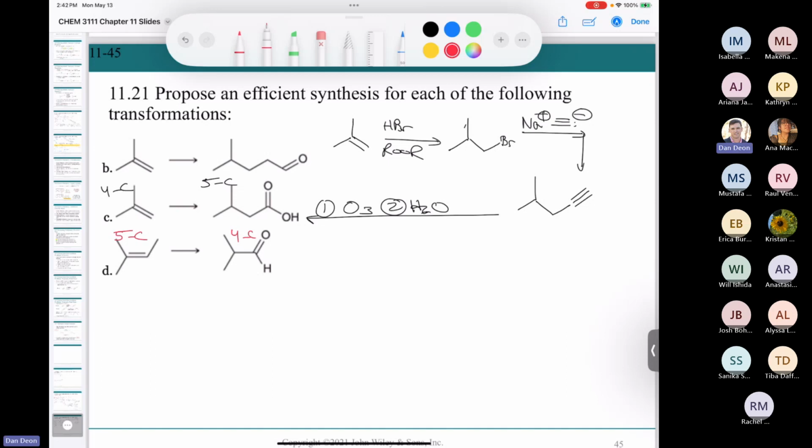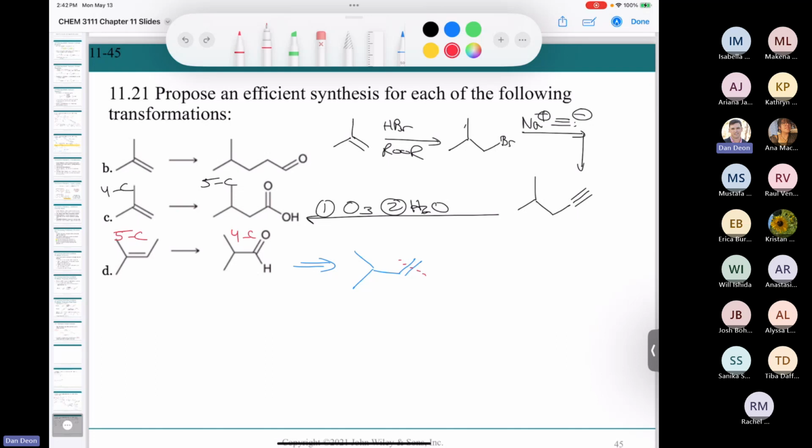If we want to end up with that aldehyde, we could make that from another ozonolysis reaction if we had this alkene. We could do an ozonolysis on that and we could end up with the aldehyde. So now it becomes a matter of how do we get from this alkene to this alkene? Could anybody help me out with that?